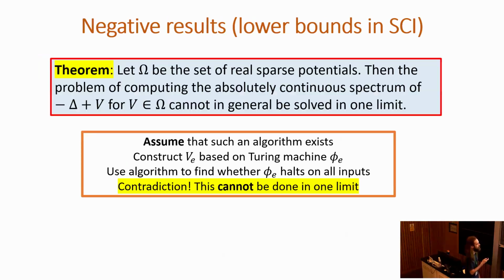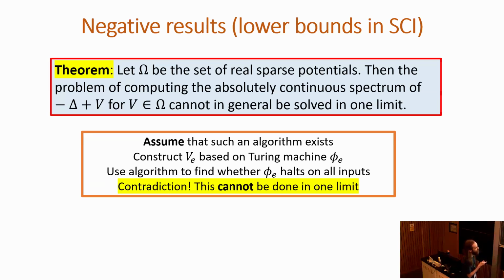So now on to negative results. A quite nice result is that if we consider the set of real sparse potentials, the problem of computing the absolutely continuous spectrum can't be done in one limit. So basically, we assume that such an algorithm exists, and then to each Turing machine, which can basically be thought of as something that can be implemented on a computer in a sensible programming language, we associate a potential.